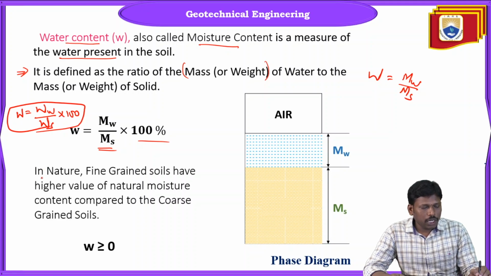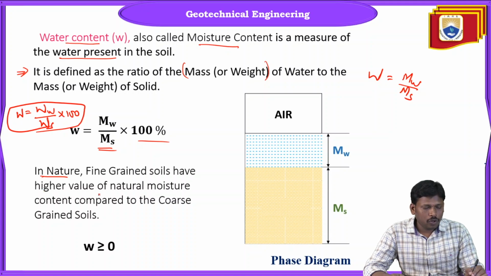In nature, fine grained soils have a higher value of natural moisture content compared to coarse grained soils. Generally, soil formation occurs through nature only, and on that criterion, fine grained soils have higher moisture content than coarse grained soils. The water content is always greater than or equal to 0.